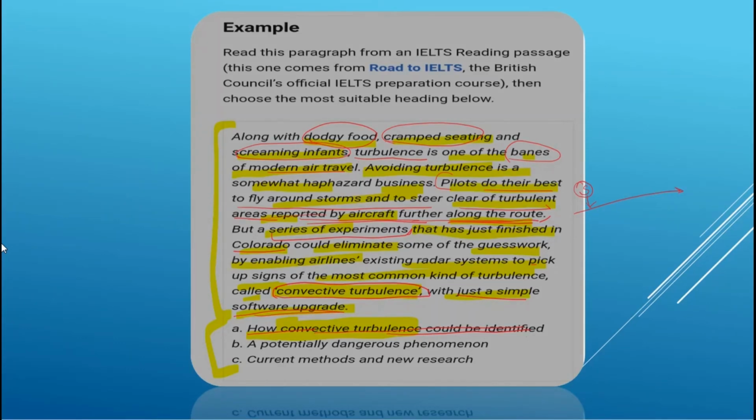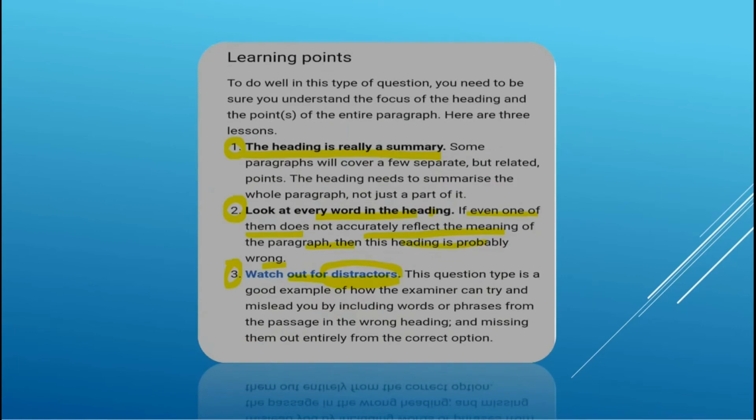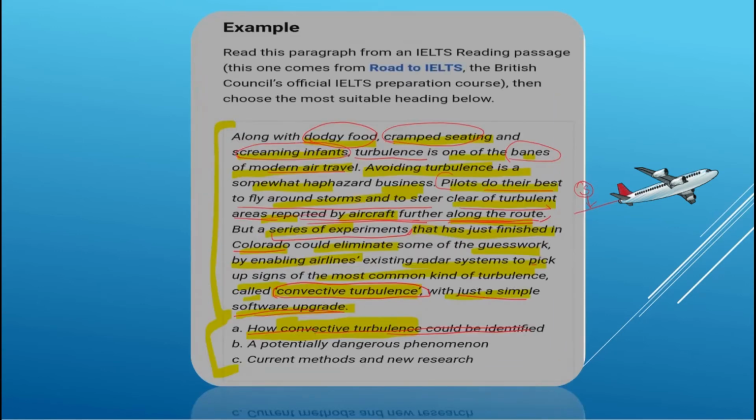But no, I have discussed the points. See, look at here. Heading is really a summary. I said that a heading should be something that represents the whole paragraph. But the option here you're looking at, how convective turbulence could be identified, is talking about only the second part of the paragraph.